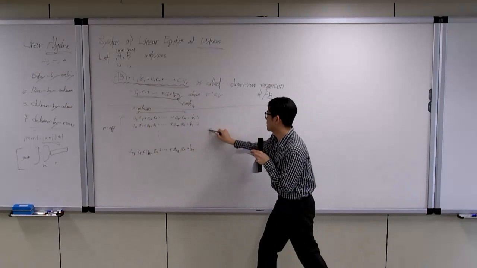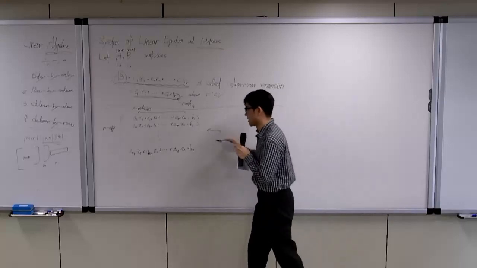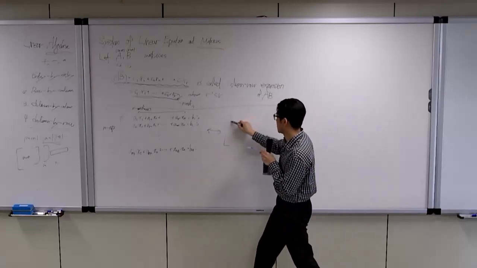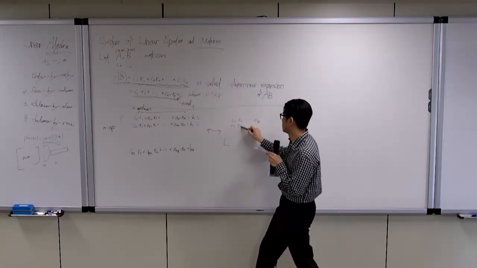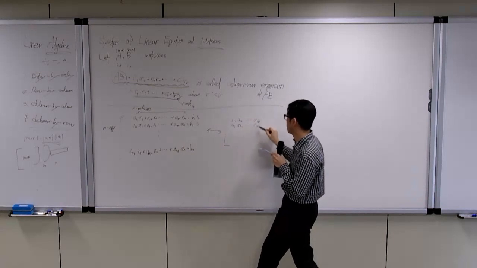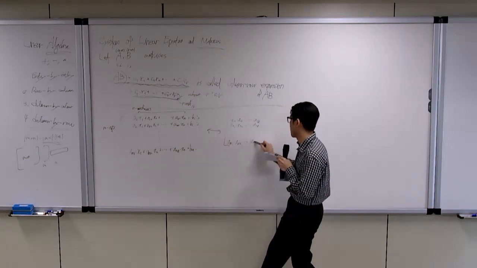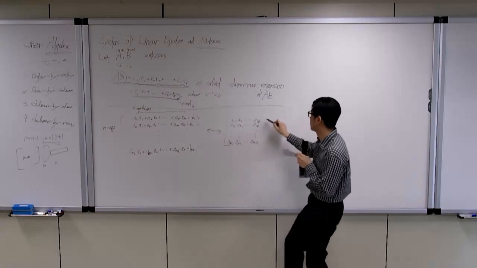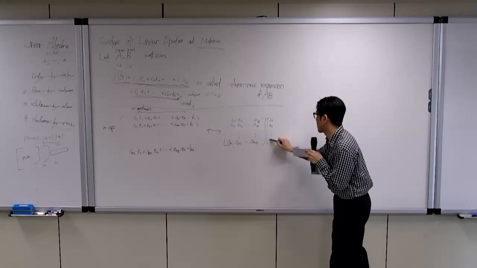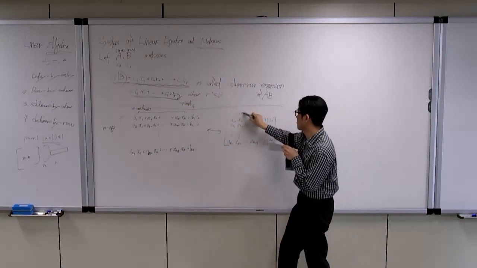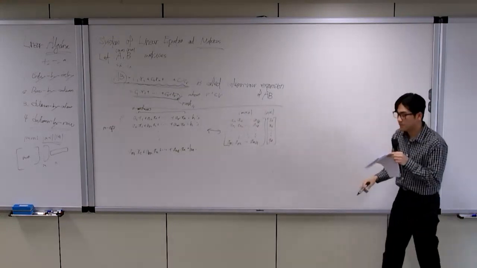Then this will correspond to matrix multiplication and summation and equals, in this form: a11, a12, a1n, a21, a22, a2n, up to am1, am2, amn. And we multiply by the vector x1, x2, up to xn. It is an m by n matrix, and it is an n by 1 column vector.